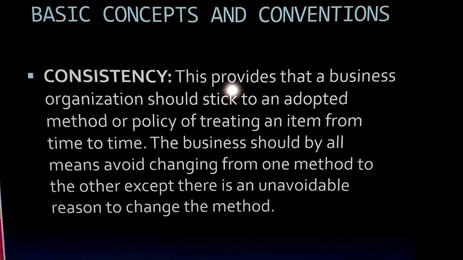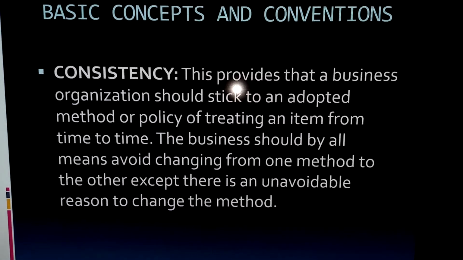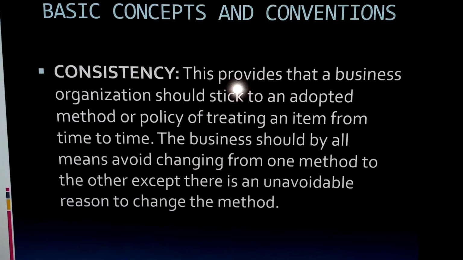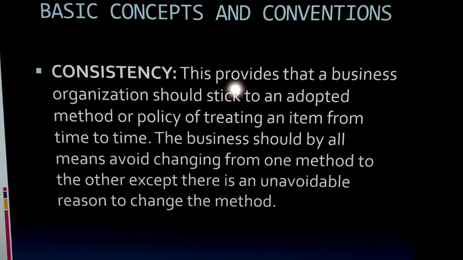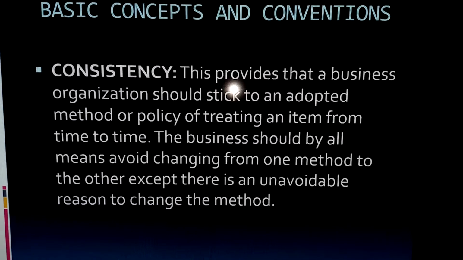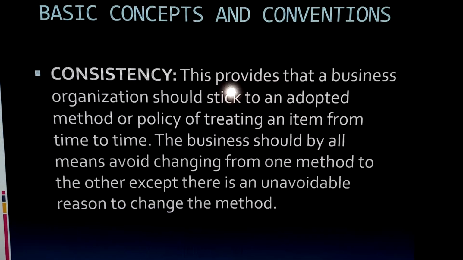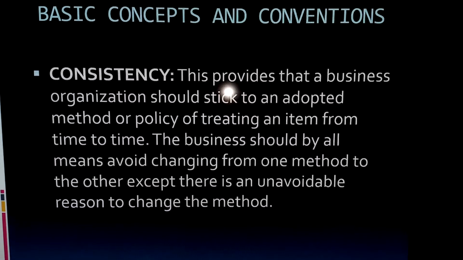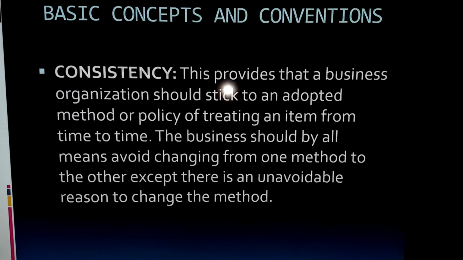So as an accountant or as a finance professional, you must understand that where a method is adopted, you should use that method from time to time, except of course maybe there is a reason beyond your control that you cannot avoid, that will force you to change your method. But basically, you should use your method over a long period of time, indefinitely. Be consistent with your method of reporting or method of treating an item.